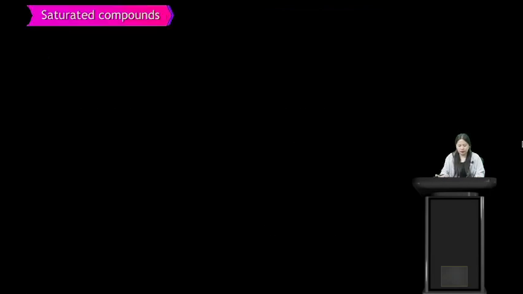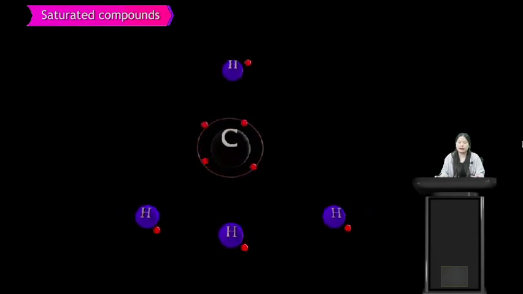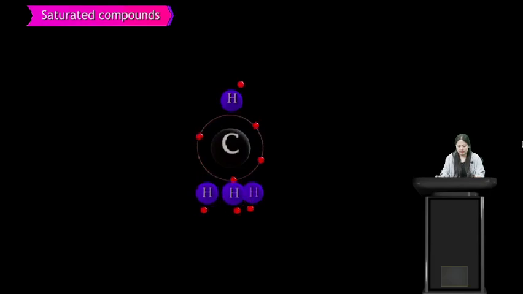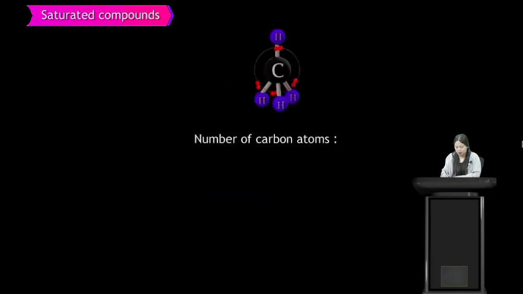Now saturated compounds. In our last class we have seen how we can name the saturated compounds. So the first example we have here is one carbon atom, which forms bonds with 4 hydrogen atoms. So here the number of carbon atoms is 1 and the number of hydrogen atoms is 4.